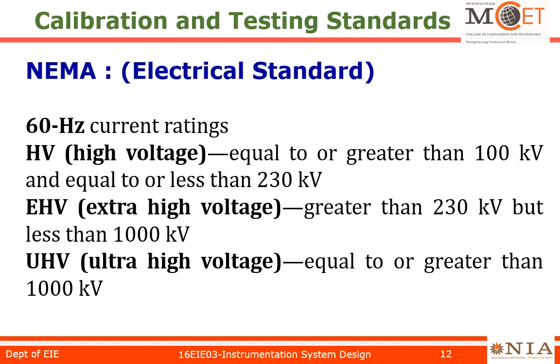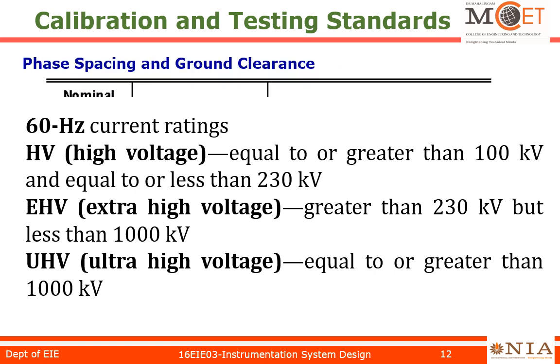If it is EHV, extra high voltage, it means greater than 230 kilovolt but less than 1000 kilovolt. And if it is UHV, ultra high voltage, then it has to be equal to or greater than 1000 kilovolt. This is about the electrical standard by NEMA.